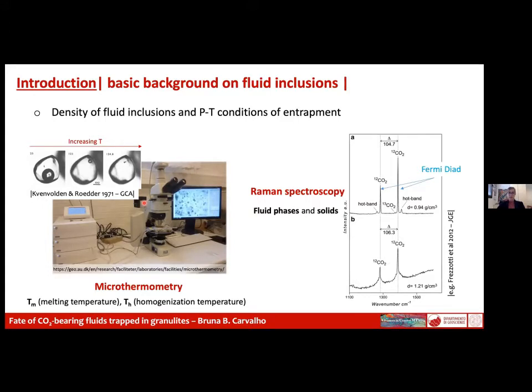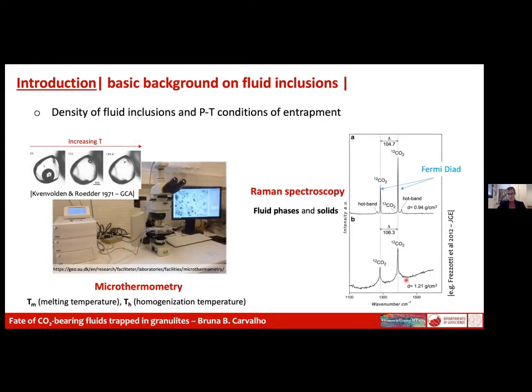And with both techniques, we can get the density of these inclusions, and more specifically with Raman spectroscopy, for the CO2, the distance between the Raman peaks, which are called the Fermi diad, is correlated to the density of the inclusions. So the greater the distance, the higher the density of the inclusions.